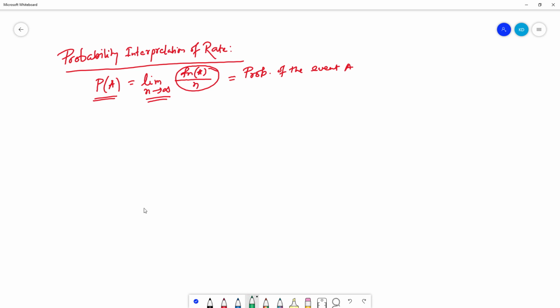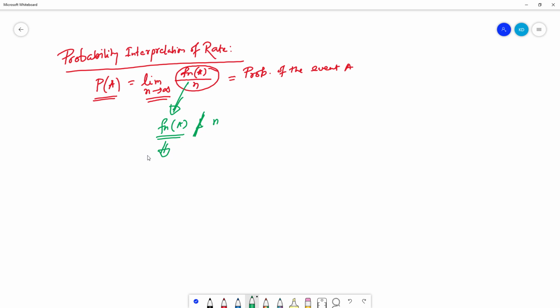That is, the observed value F(n)(A) by n is a good estimate of P(A), where F(n)(A) denotes the number of cases in which the event A occurs.